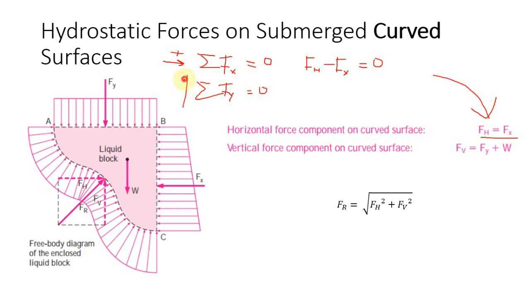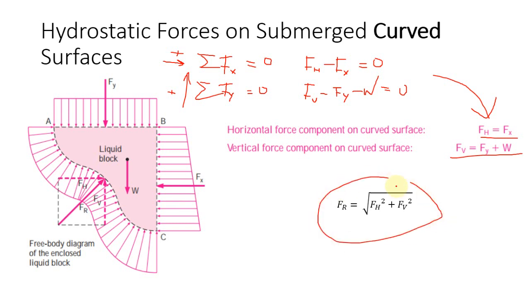If we take upwards as positive, we have FV, then FV minus FY because it's downwards, minus the weight of the liquid block, and this will be equal to 0. So FV is equal to FY plus W. So the resultant force will be the vector sum of these.